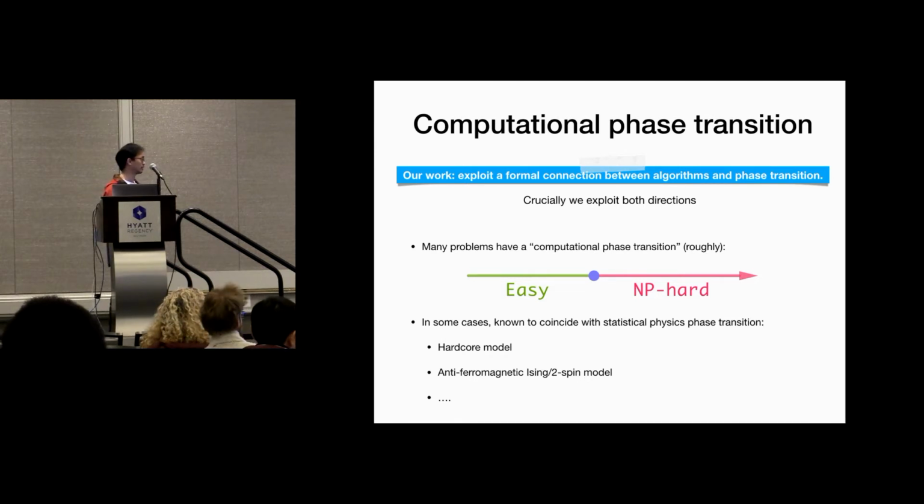As you vary some parameter of the problem, it can go from easy to become NP-hard all of a sudden. And in some of these problems, this transition point is known to coincide with a statistical physics defined phase transition. Some of these examples include the hardcore model and the antiferromagnetic Ising model.